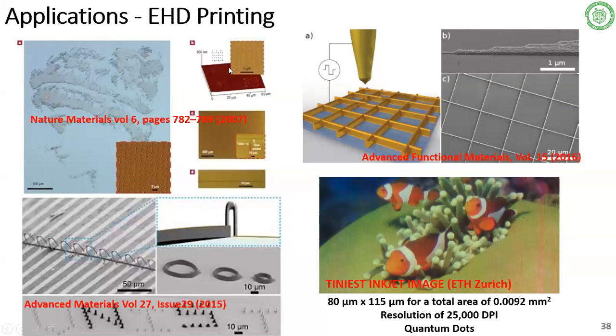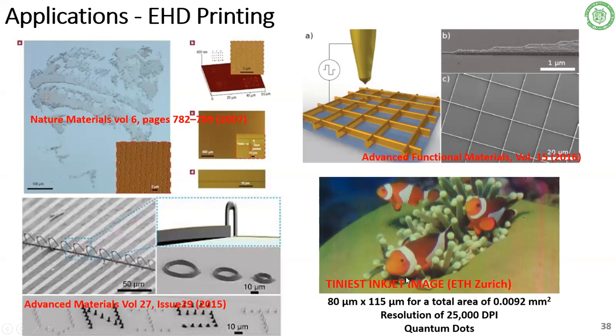These are some research results from other groups, where the pattern size is at the sub-micron level, meaning less than a micron, in the nanometer range. This is a 3D structure printed through EHD printing. On the top right, this is a gold printed grid, and it's transparent, so it will be applicable for mobile phone touchscreens.